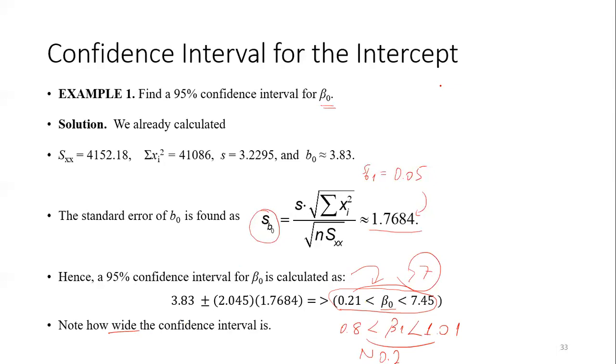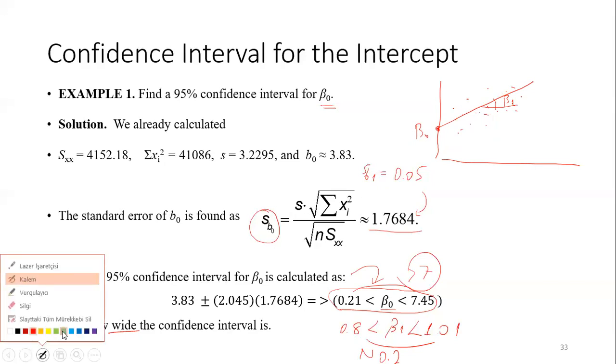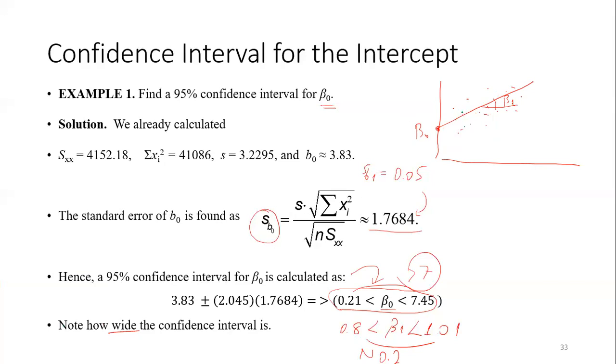But why is that? Let me try to build an intuition on this. Let's say I have the data like this, and say this is the regression line. Here, beta 1 is the slope, and beta 0 is the intercept there. For this red set of data, this is my regression line. Now assume you have another set of data, let's say green, then you have a regression line just like this.